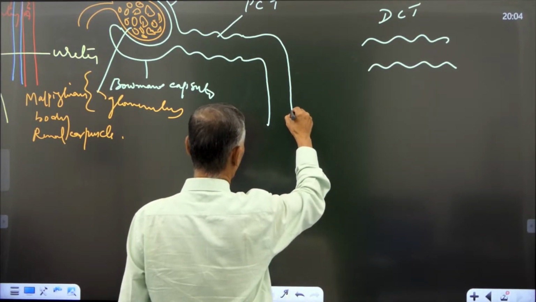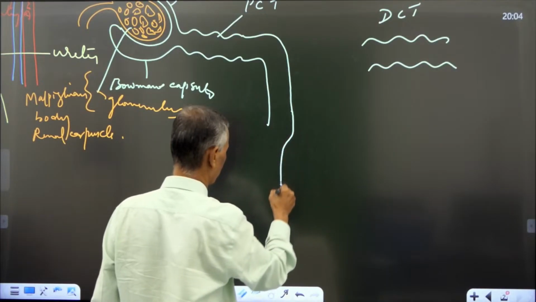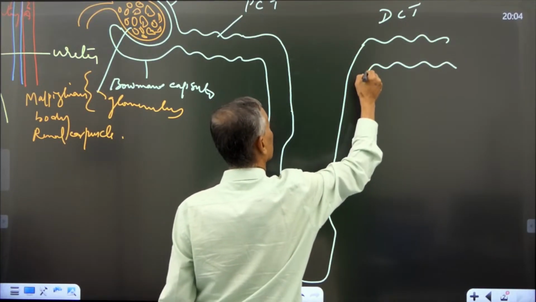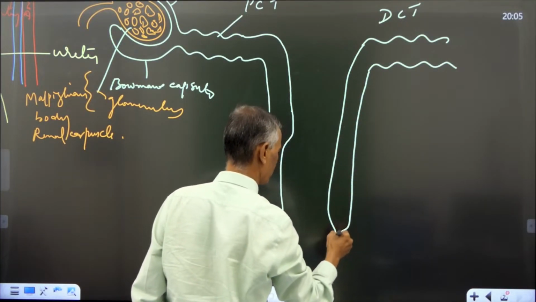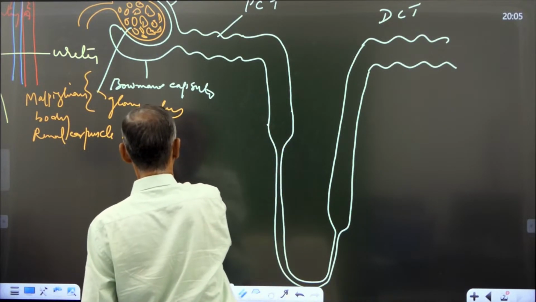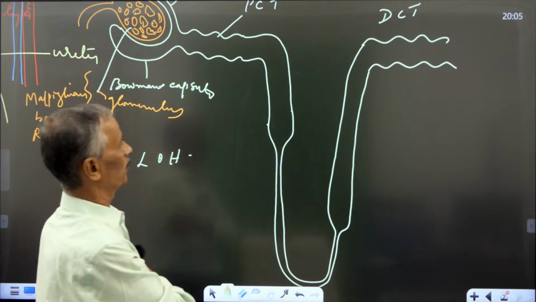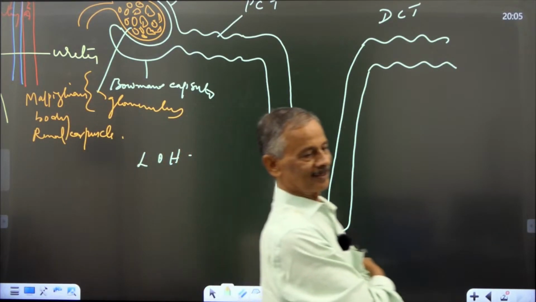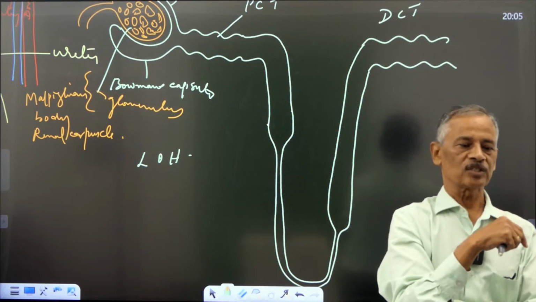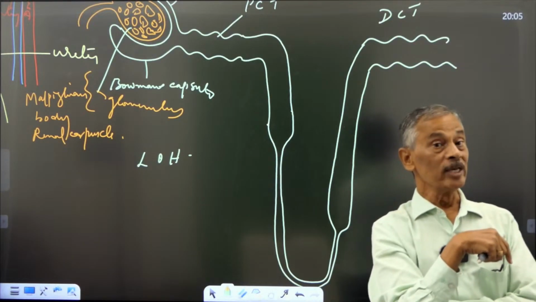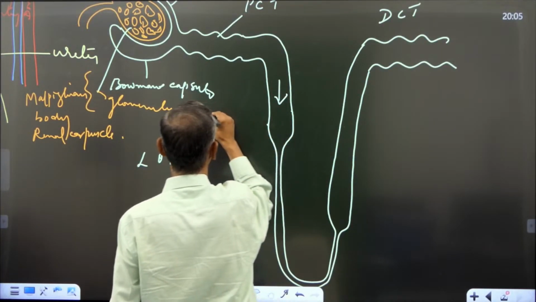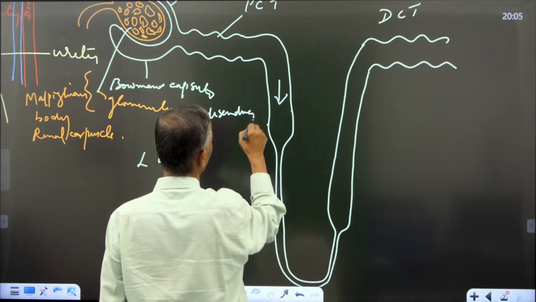This Henle's loop, or loop of Henle, is a hairpin bend, just like a U-shape, and the two limbs of the hairpin are called the descending limb, coming down, that is the meaning.